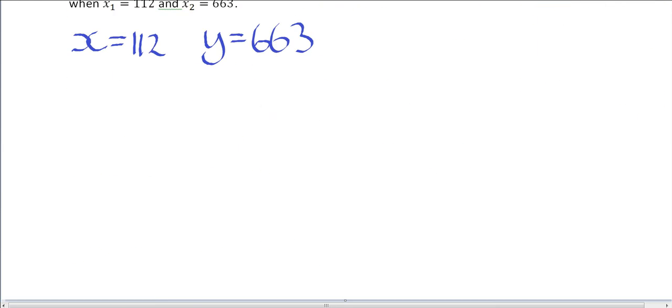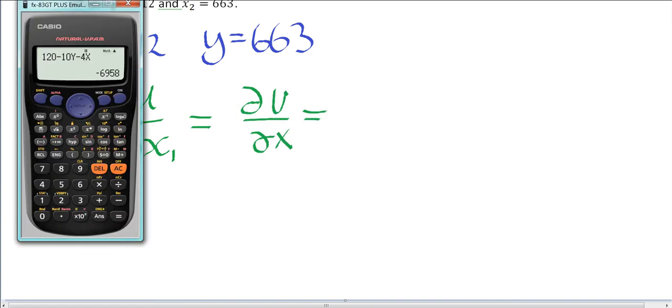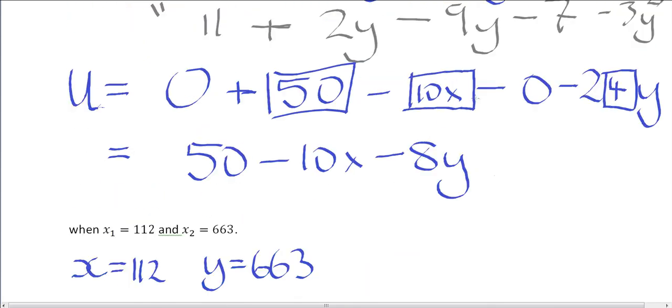I have my del u del x. Well, let's just say, because he asked for del u del x1, so del u del x1 is what I called del u del x, and the value of that is minus 6958.